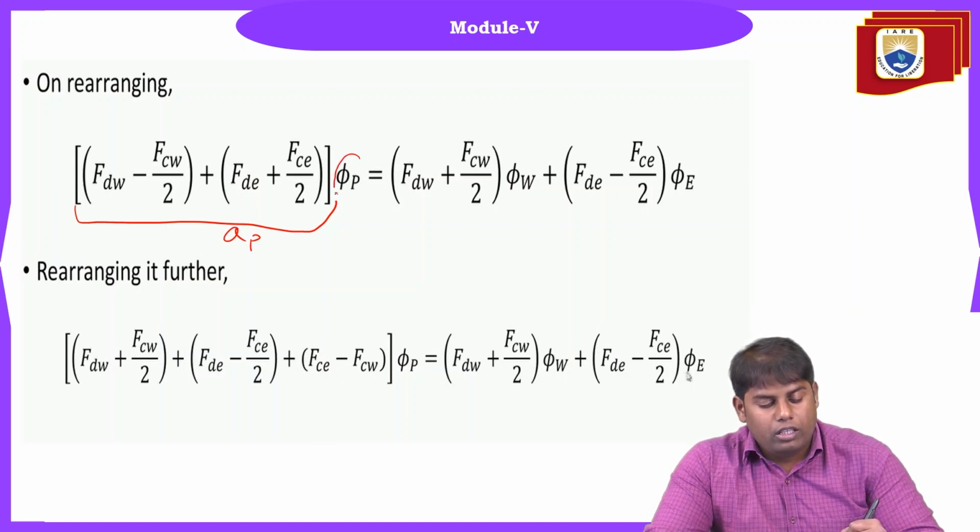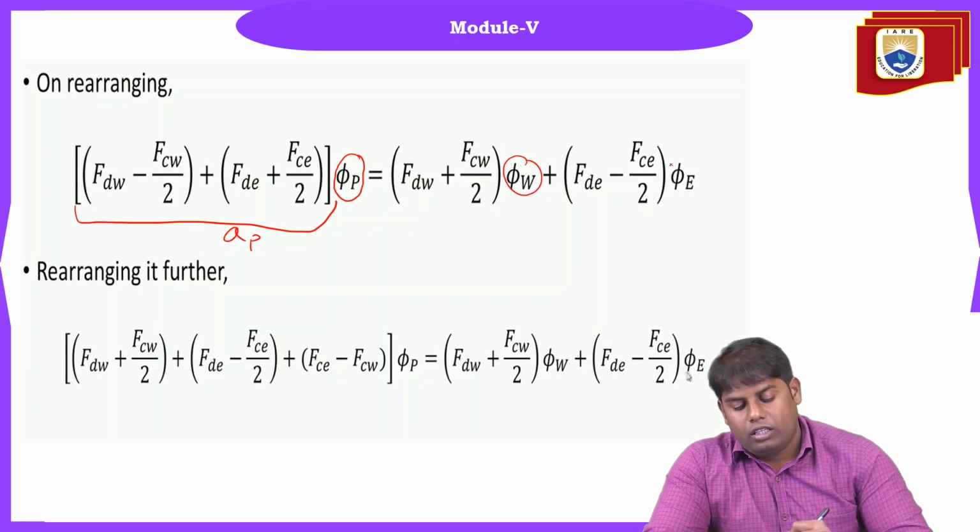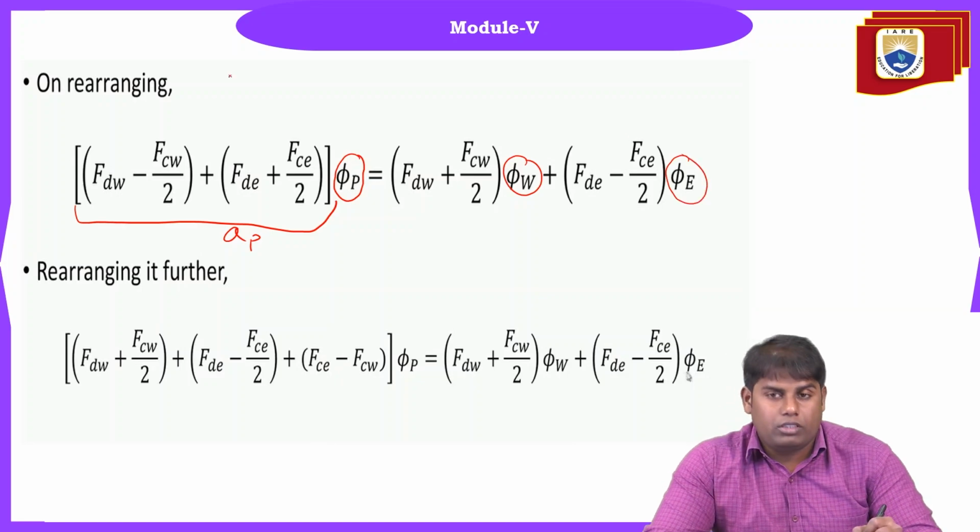So phi P: we are collecting all phi P terms on one side. Next we are collecting all phi W terms on one side. Next we are collecting all phi E terms on one side.